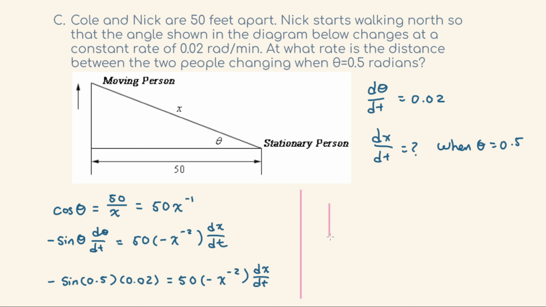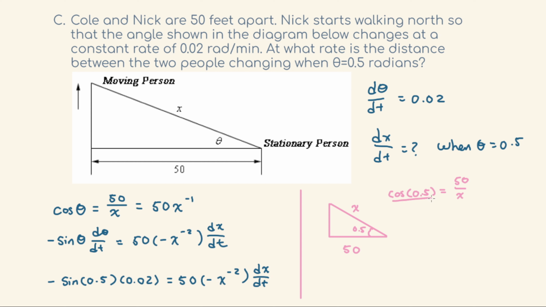So let's draw a triangle, and we know this is always going to be 50, yeah? And we know this theta now, in the time that we're looking for, is going to be 0.5. And this is still going to be my hypotenuse. We're going to call that x. All right. Now, we can just use that same formula that we had before. We know cos theta, but now theta is 0.5, is equal to 50 divided by x, right?